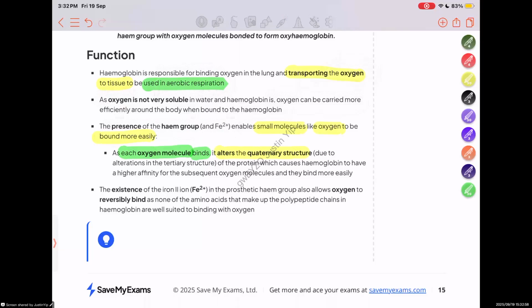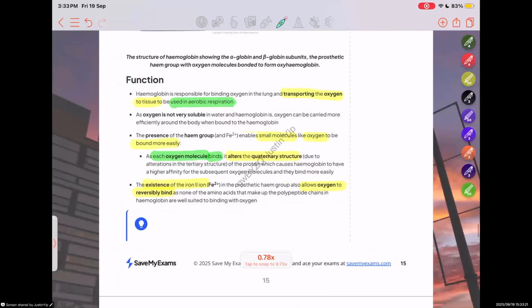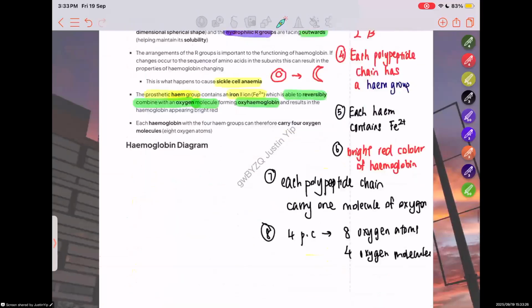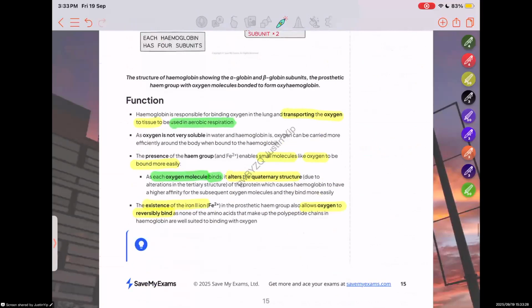The iron 2 in your prosthetic heme group allows oxygen to reversibly bind, as none of the amino acids that make up the polypeptide chain in your hemoglobin are well suited. So Fe2 plus helps oxygen bind efficiently to be transported. You can just read the summary here, and the function is common knowledge for hemoglobin.